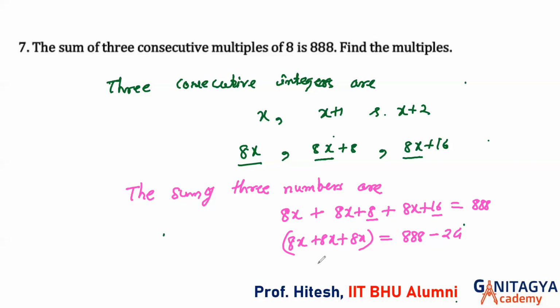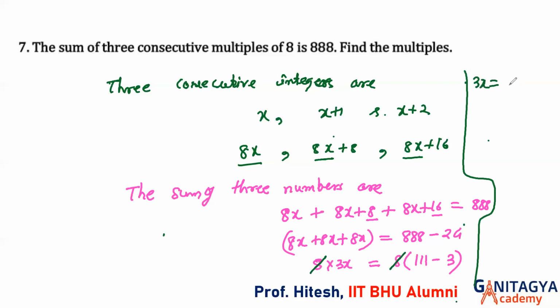So this is 8 into 3x is equal to, if I take 8 common, 111 minus 3. Understood? Very much clear? Okay.